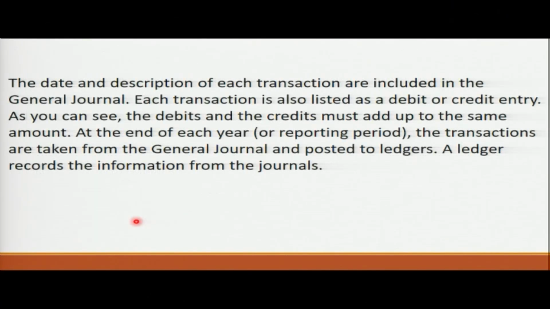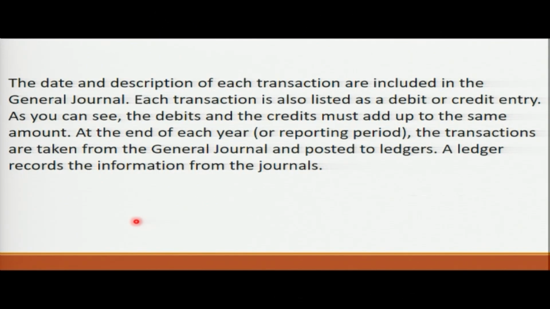Okay? Then we say that in our description, the date and description of each transaction is included in the general journal, and each transaction is listed as a debit or a credit entry.